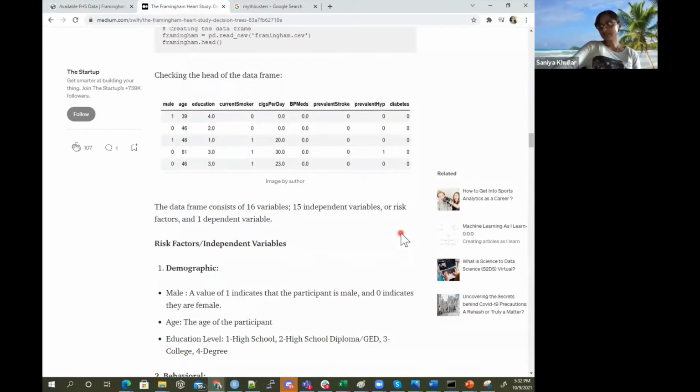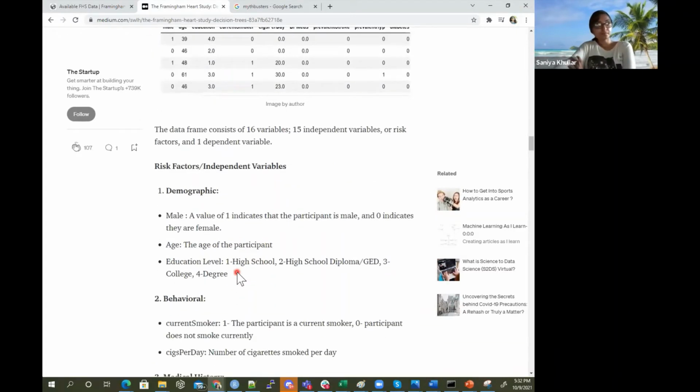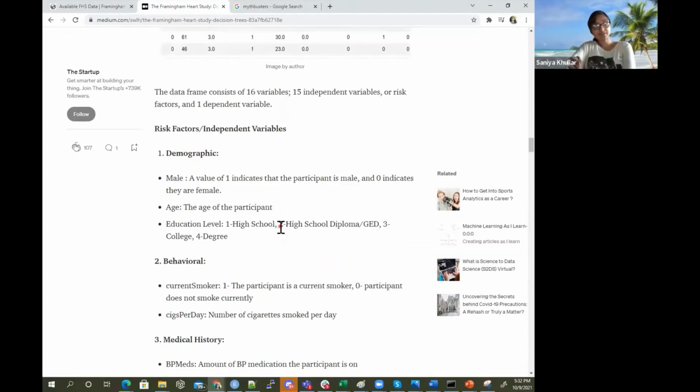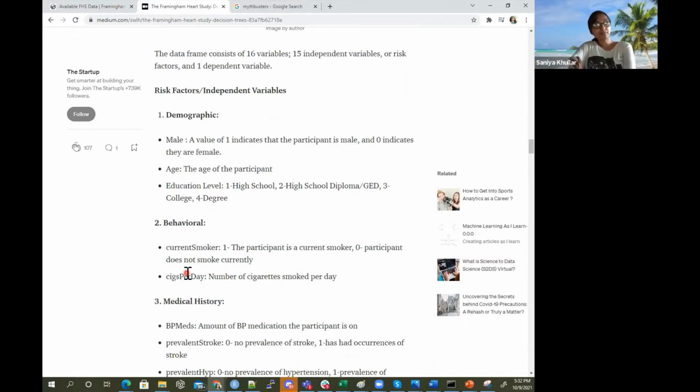They have 3 sets of studies. The first one was conducted in 1948 and 1971, with a bunch of people that they follow up over 20 years. And the other one was in 2002. So they have demographics, like do you have a high school diploma, GED, college, or a degree in general.